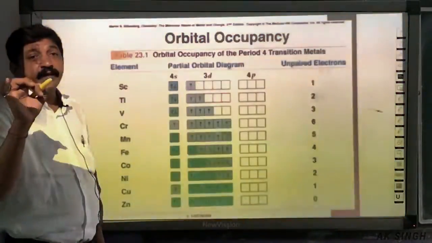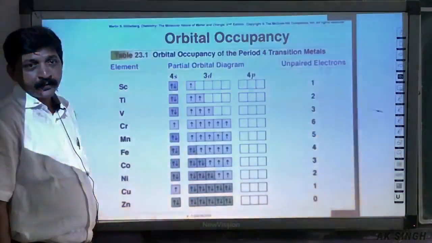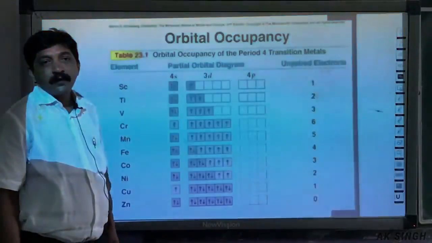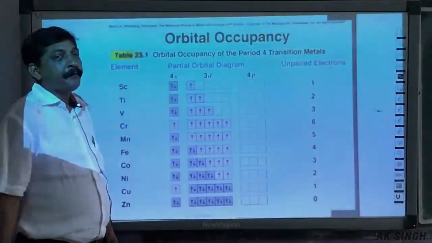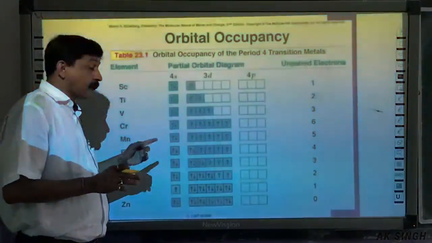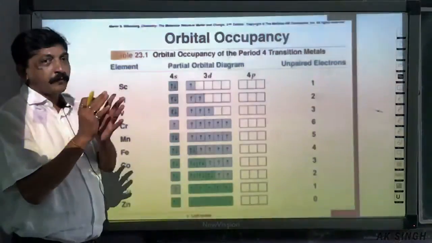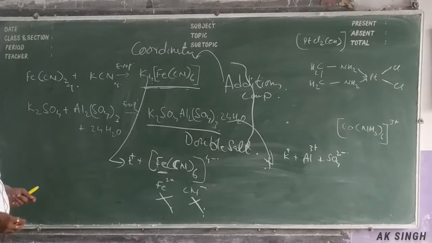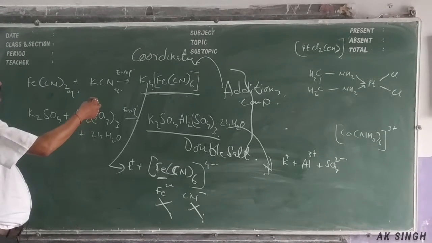We will get 3d9 4s0. In that case, this Cu2 plus will have one unpaired electron, and that will make it different from Cu plus, because Cu plus will have all paired electrons. So let us move to another slide.